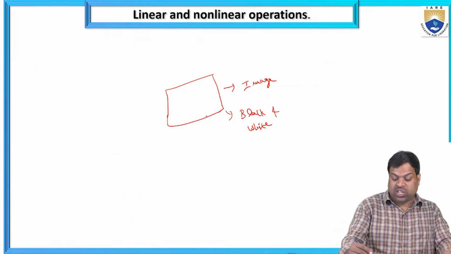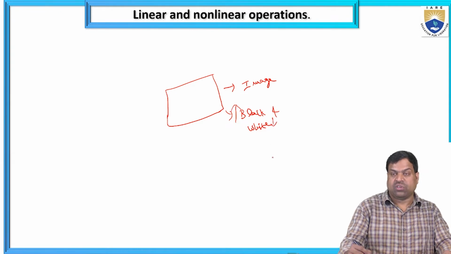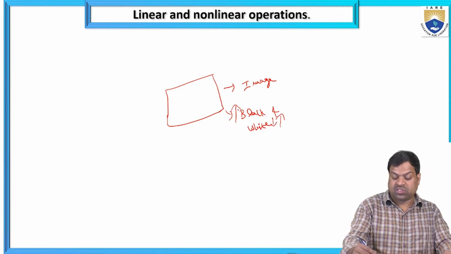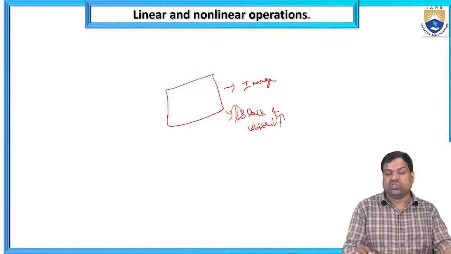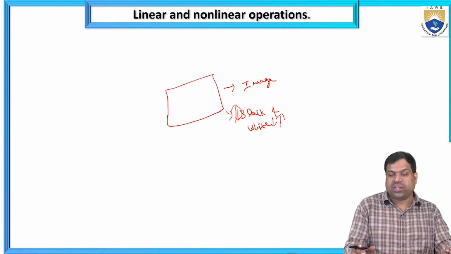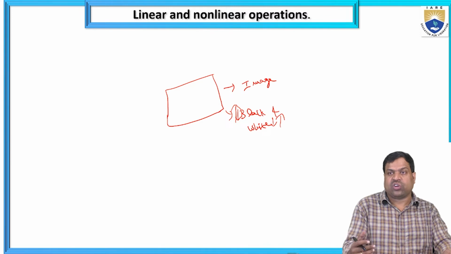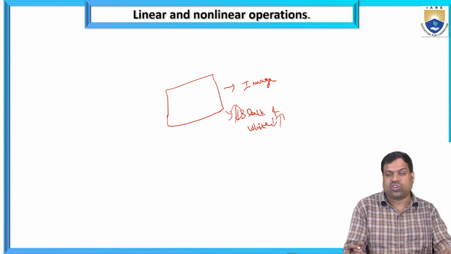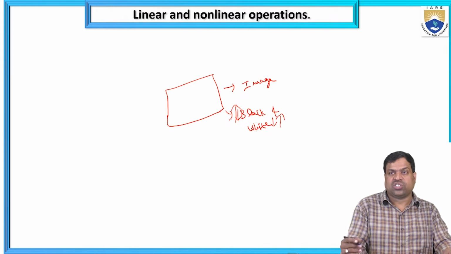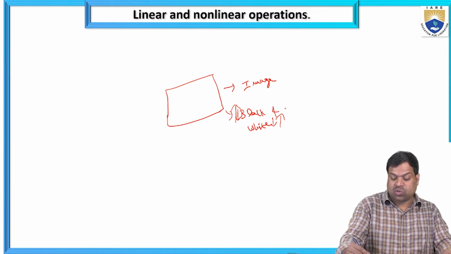Suppose my original image has black very high and white very low, or white very high and black very low. For example, it looks like not a good image. Why? Because the contrast is not adjusted; the contrast is not normal. The contrast is very high, so I have to adjust. Suppose I am adjusting black and white levels.